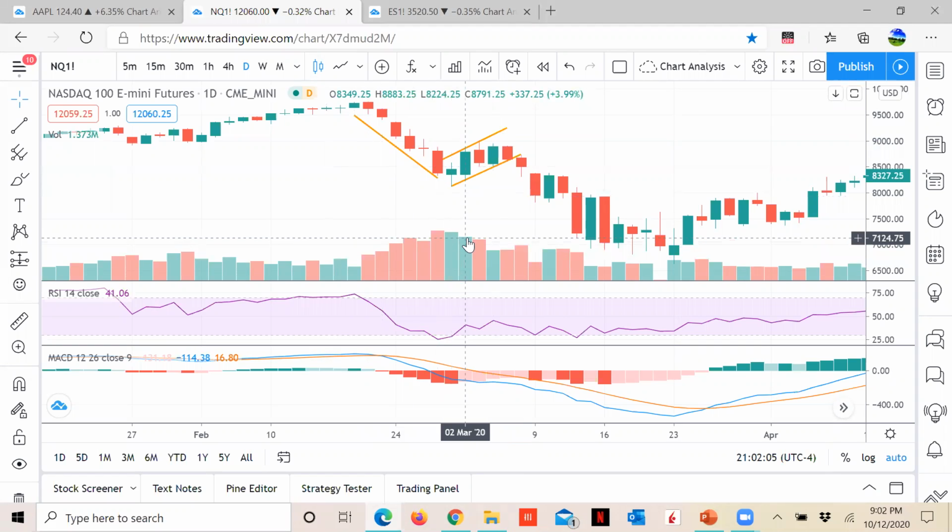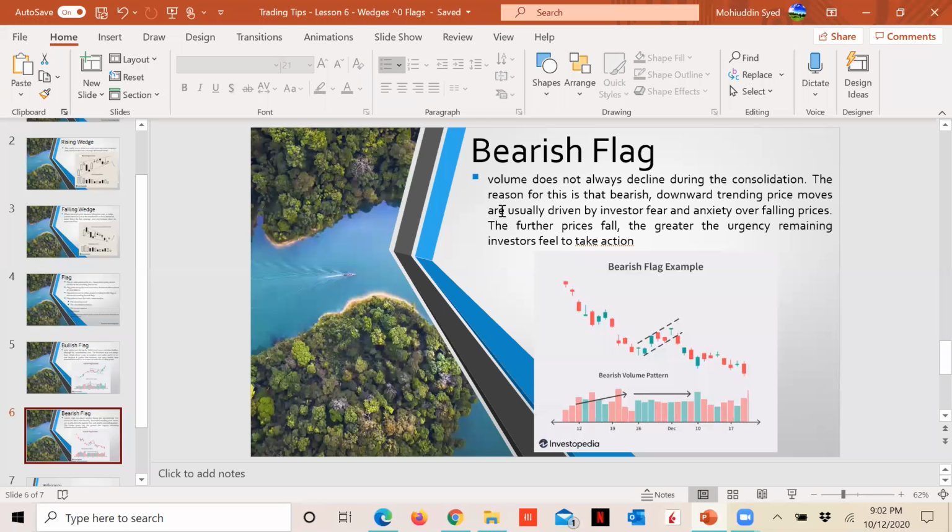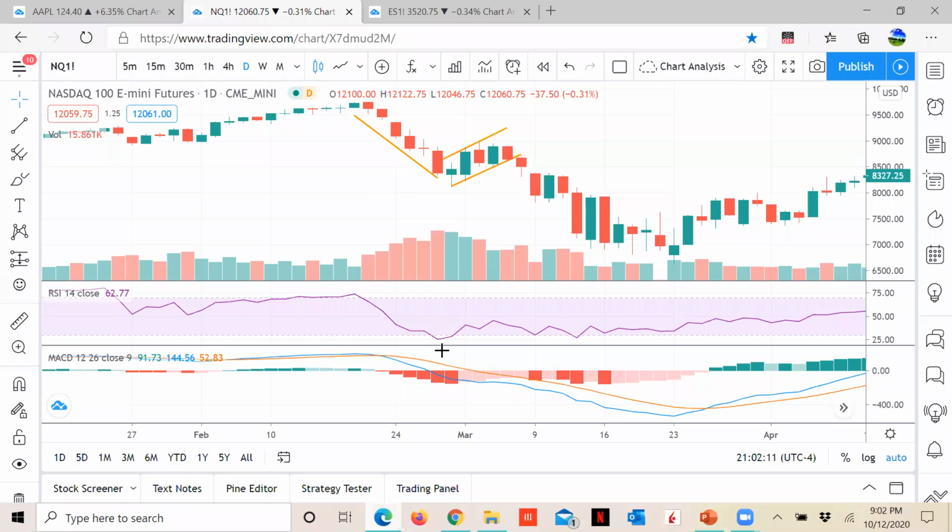And then if you look at the volume, it does not always decline during consolidation. So the volume does not decline. Generally, in this case, it's just an approximate.